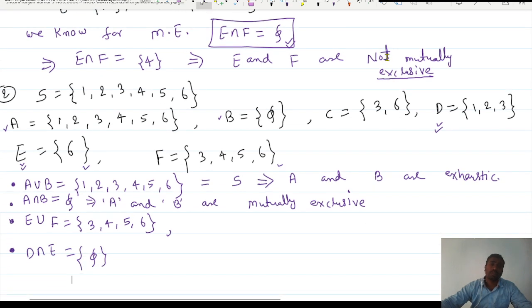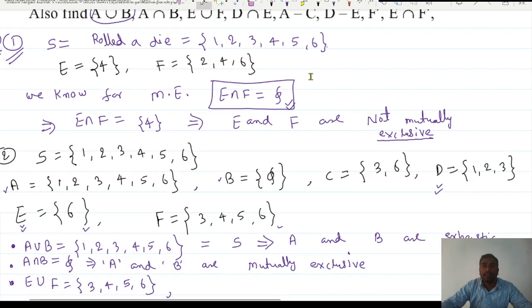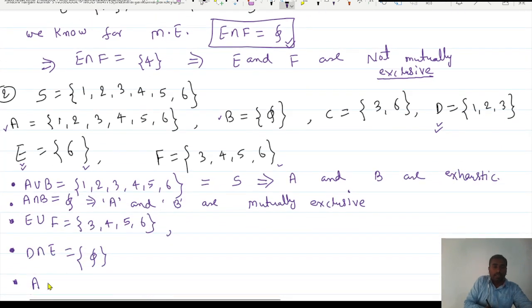Next, we have to find A minus C. Clearly this is a question of sets now. A minus C means we have to remove all those elements which are present in A and also in C. So 3 and 6 we have to delete.